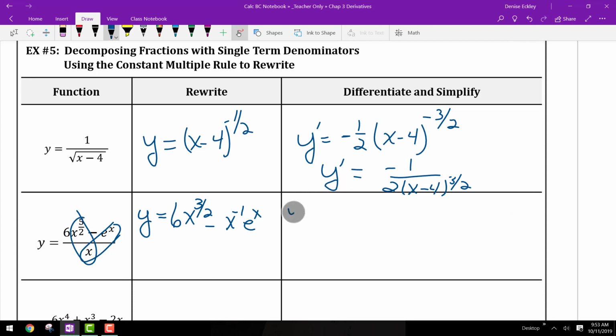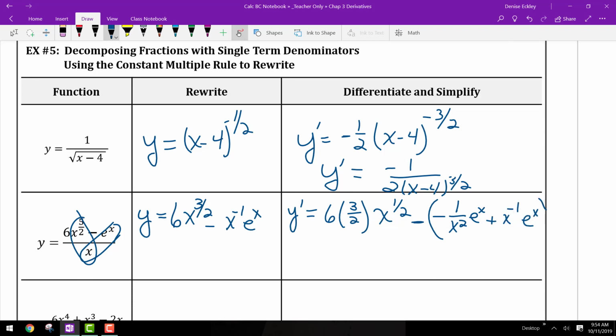So y prime becomes 6 times 3/2 x to the 1/2, and then using the product rule minus, I'm going to put the whole thing in parentheses because the whole thing is going to be subtracted. So I take the derivative of the first, which is going to give me -1 over x squared times the second, plus the first times the derivative of the second.